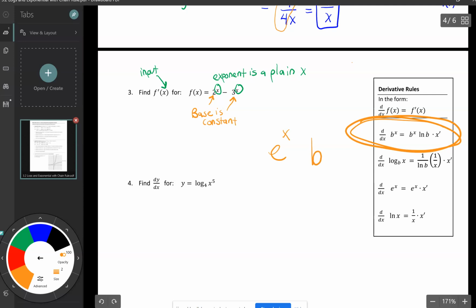Now your base is some constant number. It happens to be a 2 and a 3. So all I'm going to do is follow that rule. I have to follow the rule twice, because the first term follows the b to the x rule, and the second term follows the b to the x rule too.